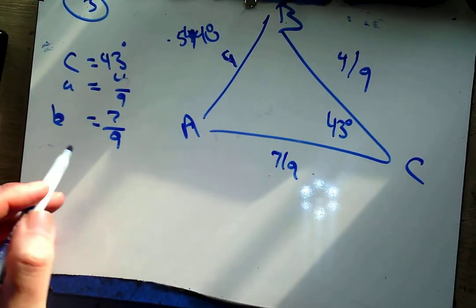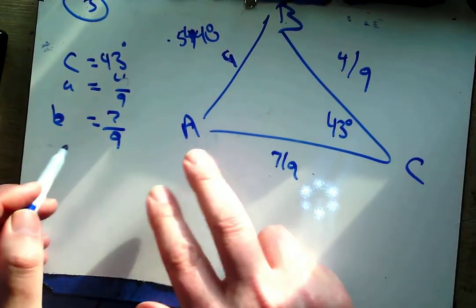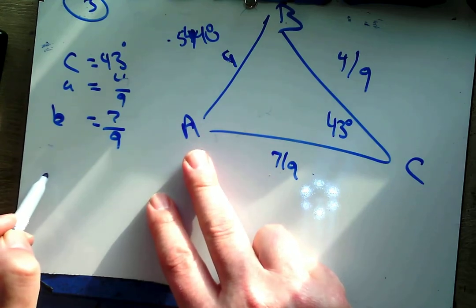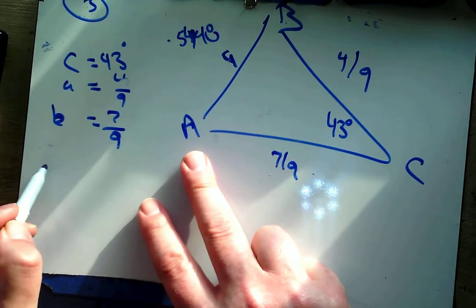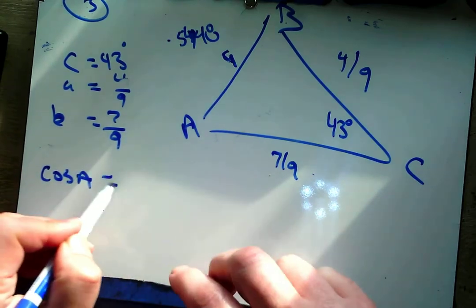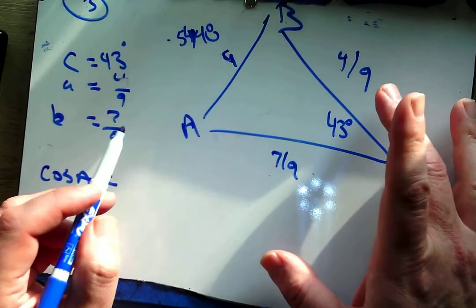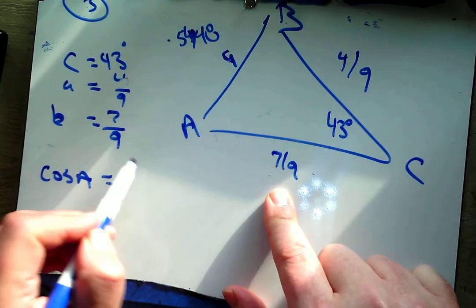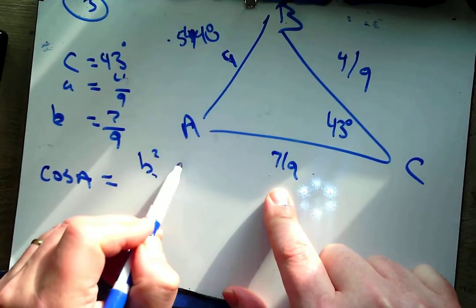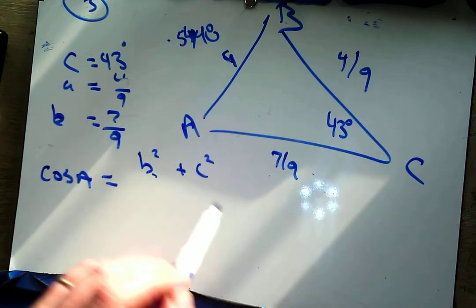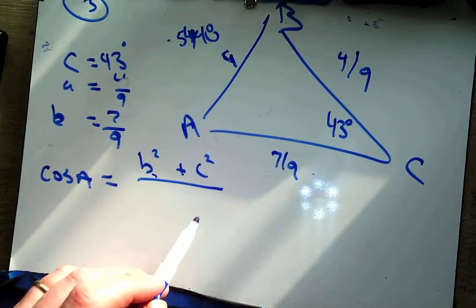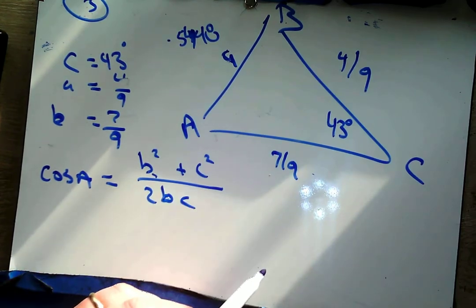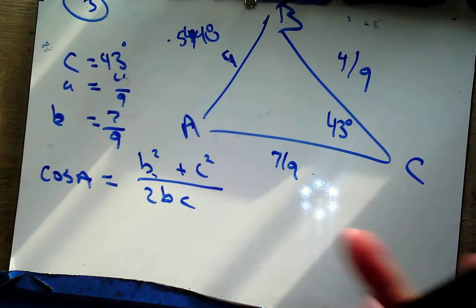So I could certainly set this up as cosine A equals b squared plus c squared all over 2bc. So let's see what happens there.